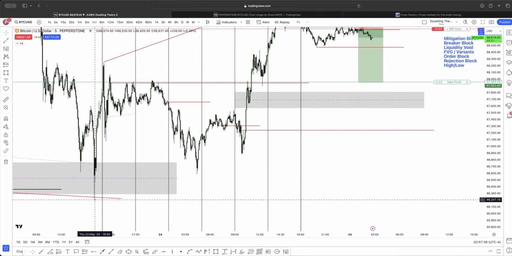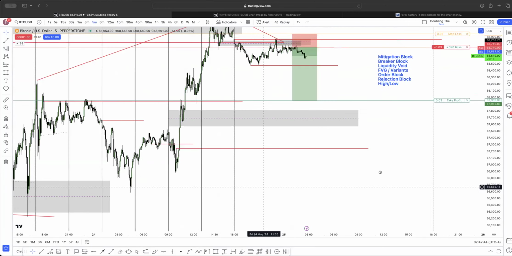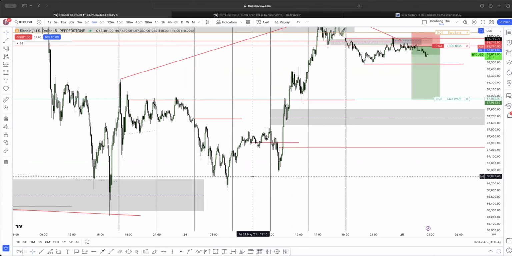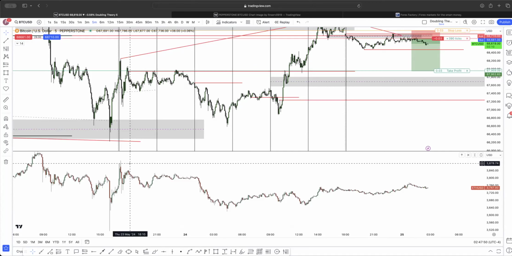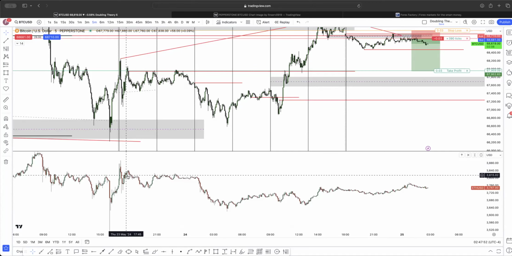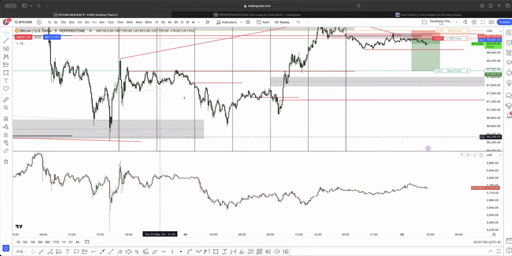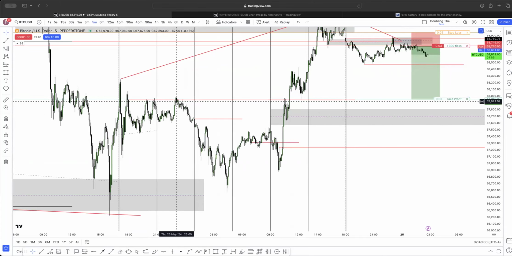That was SMT right there. So that's manipulation. But the day always starts with accumulation or manipulation, right? So in this case, here, where I'm putting my cursor, there is an SMT divergence with Ethereum. Bitcoin makes a higher high, Ethereum makes a lower high. So this is manipulation.